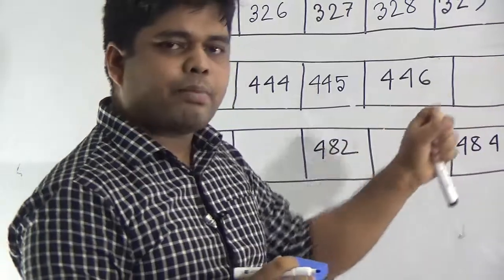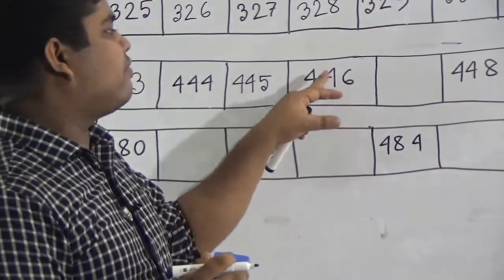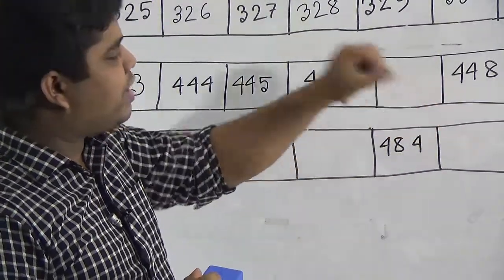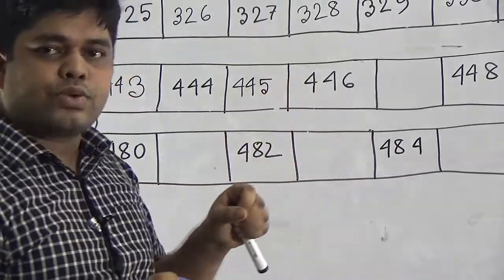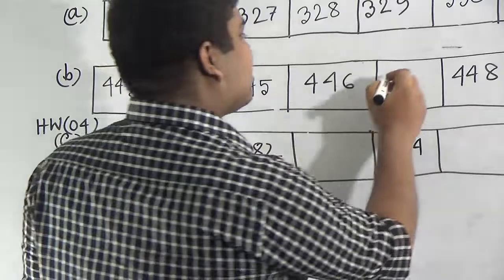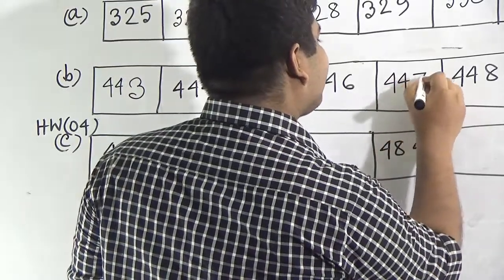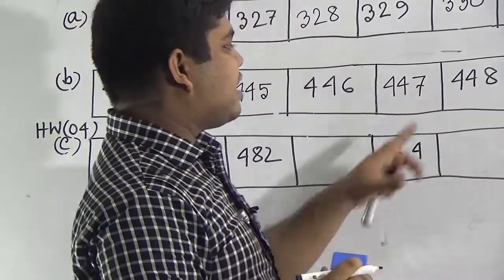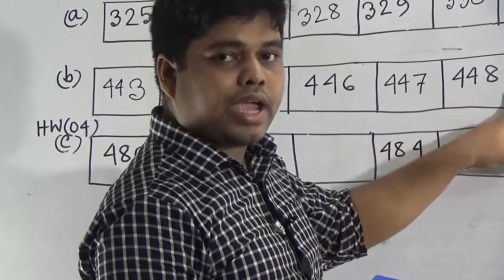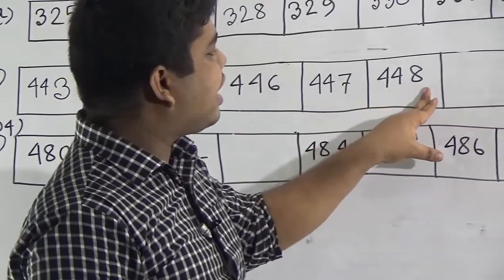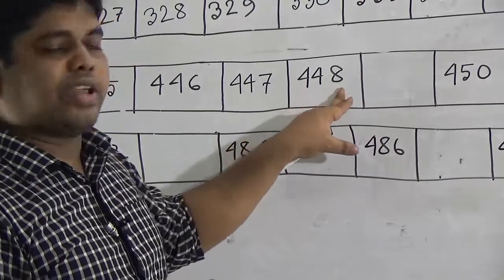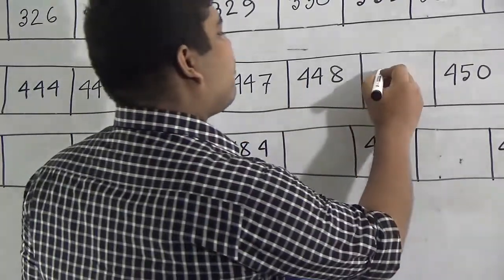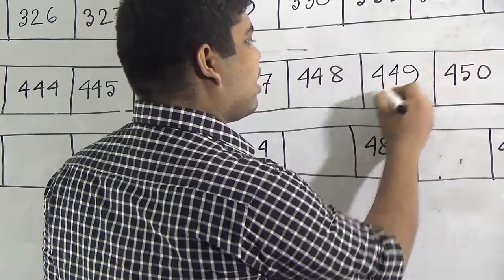Okay, 445 done. The next number is 446. And in the gap which number comes after 446? The number is 447. Okay. Next number is 448. After 448 which number comes? The next number of 448 is 449.